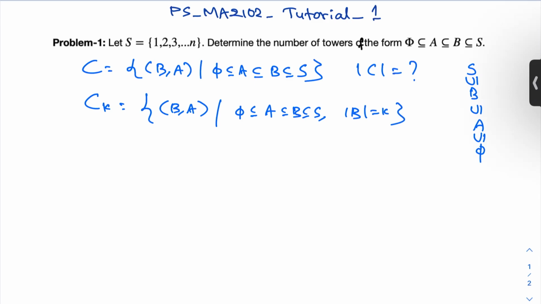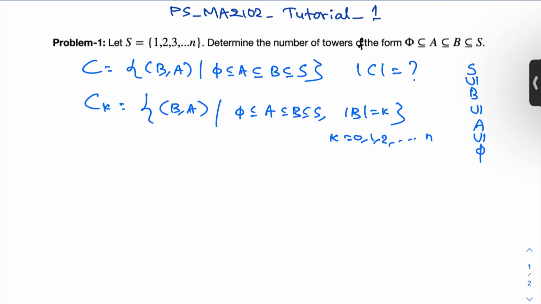Simply, we are collecting these ordered pairs of subsets of S, B and A. Here A is a subset of B, but B's size is k. We are fixing the size of B to be k. So k can be anything from 0, 1 up to n.